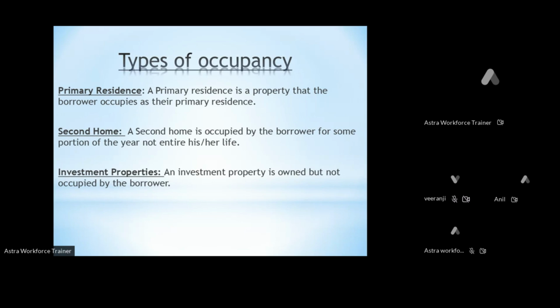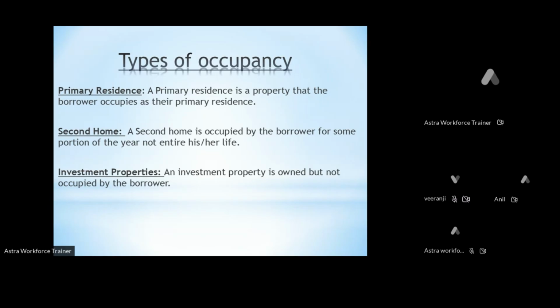For the second home, the borrower owns the property but does not stay in that home for the entire year, like a farmhouse he goes to only for vacations, or a guest house used when required. That's the second home. For an investment property, the borrower owns the property but does not occupy or stay in it. Instead, income is generated from it.